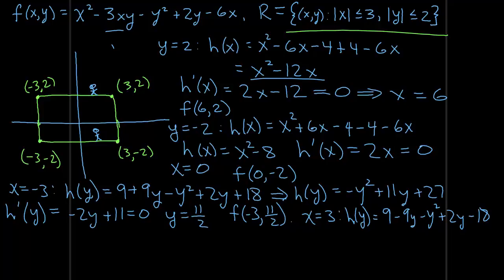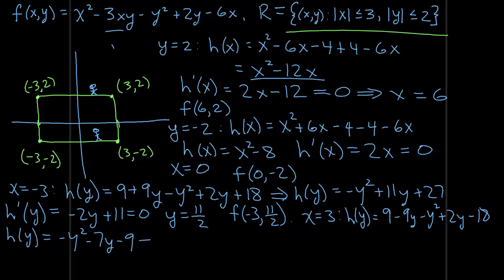Okay, so putting it all together, I've got h of y is equal to negative y squared minus 7y, and then minus 9.